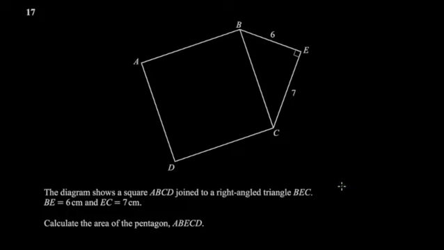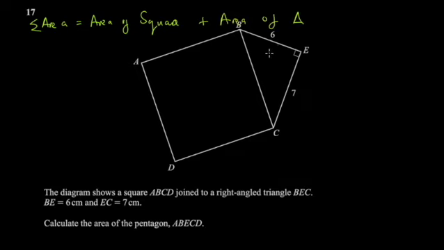I want to show you a quick way to go about it. You can say area total equal to, because you want to save time, area of square plus area of triangle. Then we can even say triangle BCE, just to clarify.